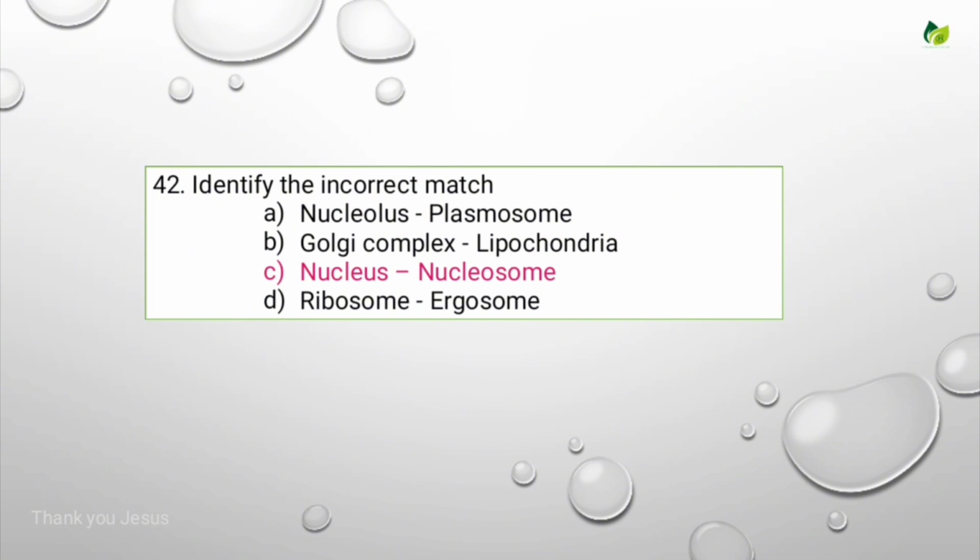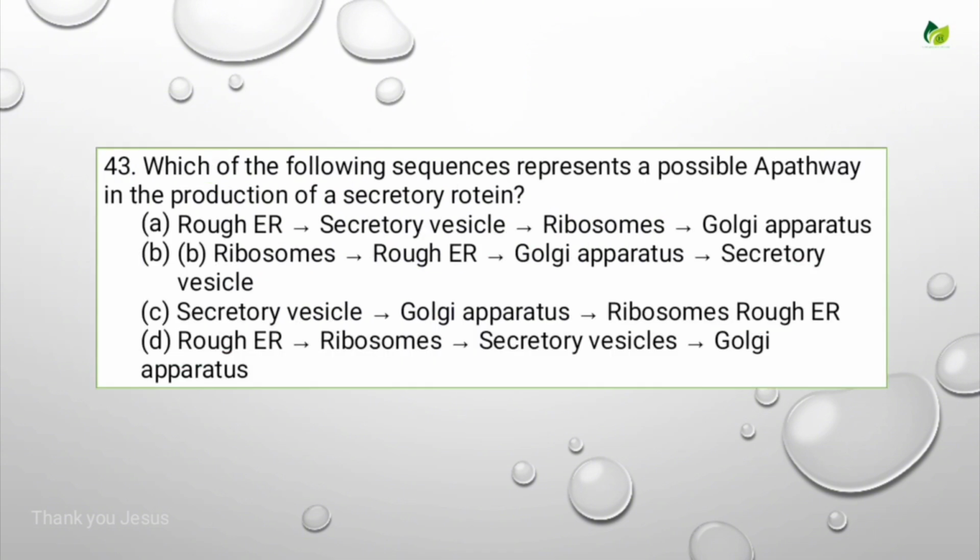Let's see the next question. Which of the following sequences represents a possible pathway in the production of a secretory protein? Option A, rough endoplasmic reticulum, secretory vesicle, ribosomes, Golgi apparatus. Option B, ribosomes, rough endoplasmic reticulum, Golgi apparatus, secretory vesicle.